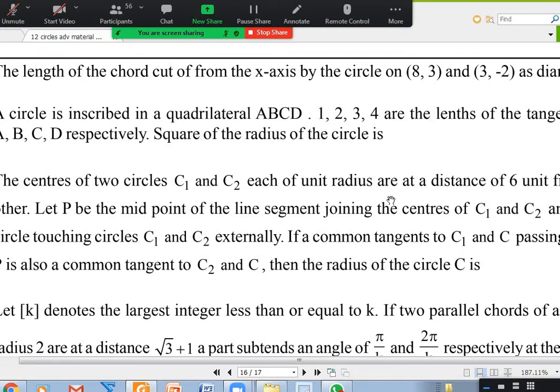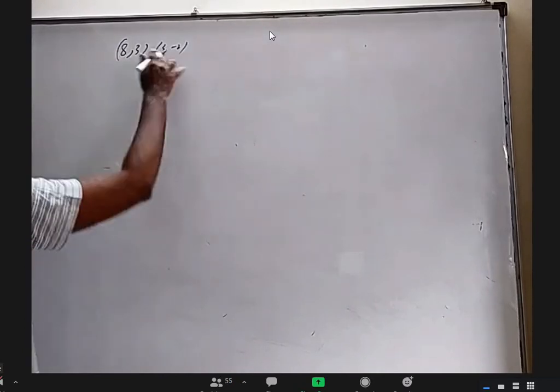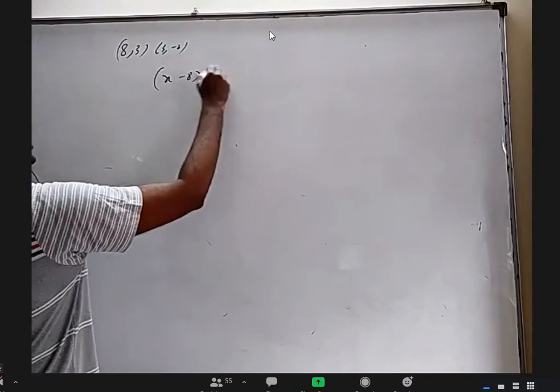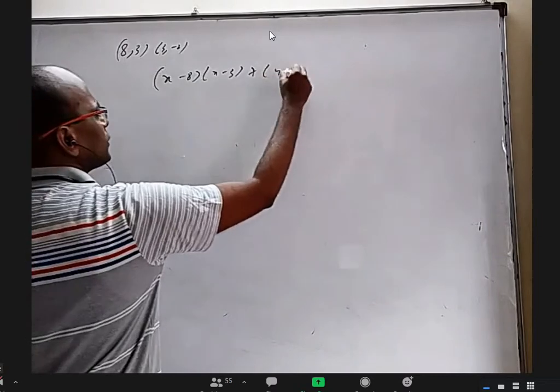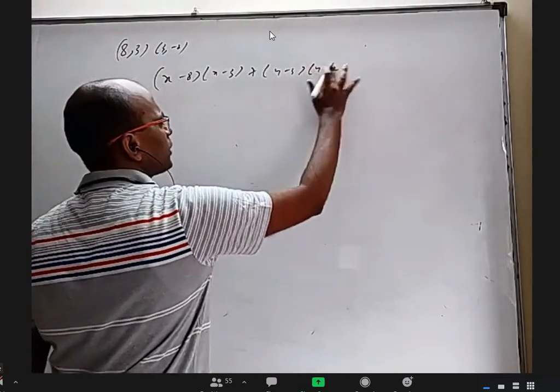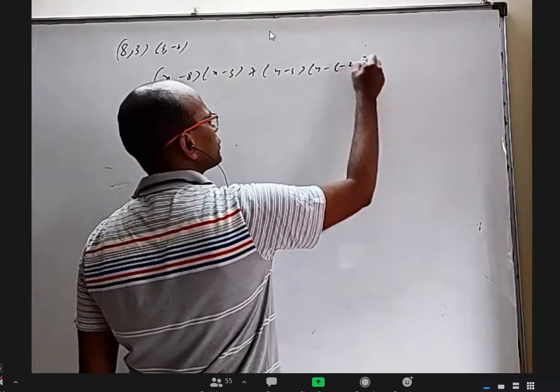8 comma 3, 3 comma minus 2. Okay, so the circle with these two as the ends of the diameter is x minus 8 into x minus 3, plus y minus 3 into y minus minus 2 equal to 0.